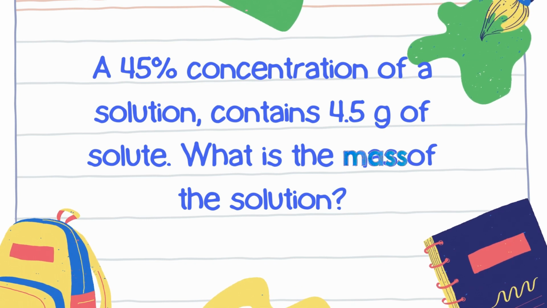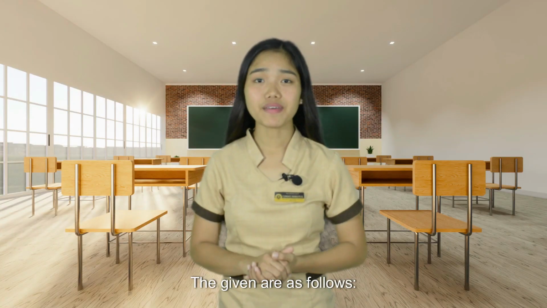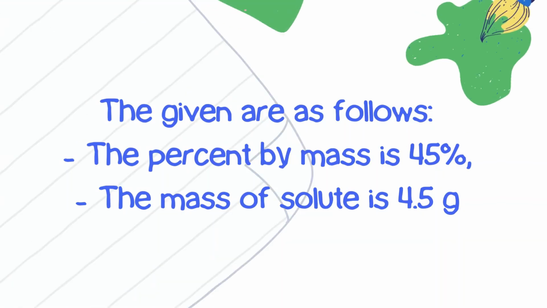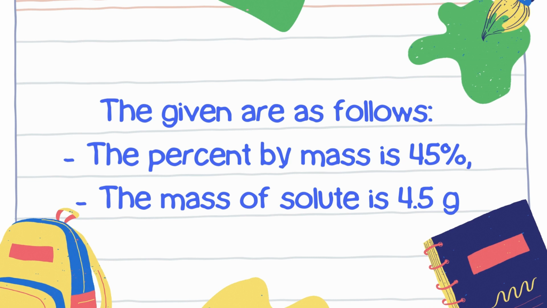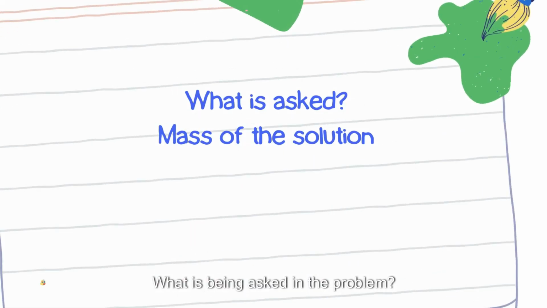Let us first identify the given. The given are as follows. The percent by mass is 45%. The mass of solute is 4.5 grams. What is being asked in the problem?